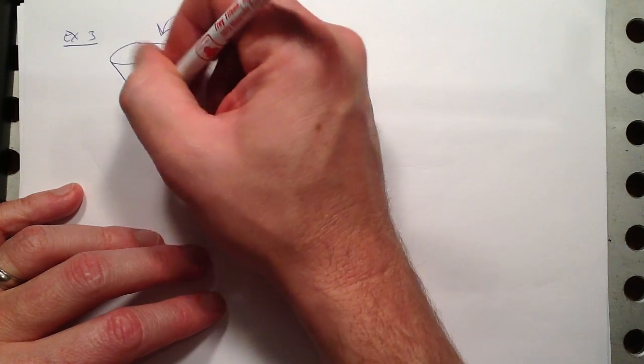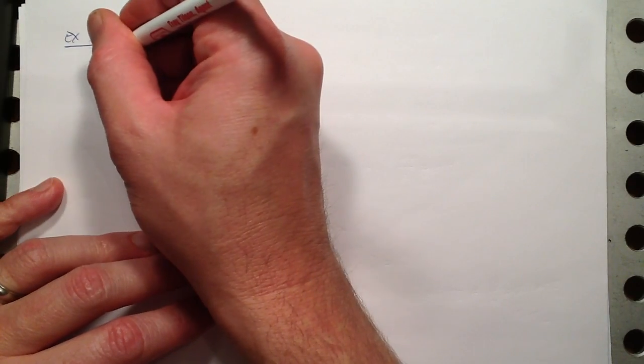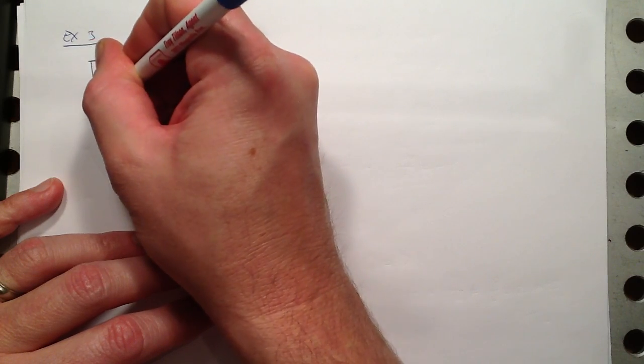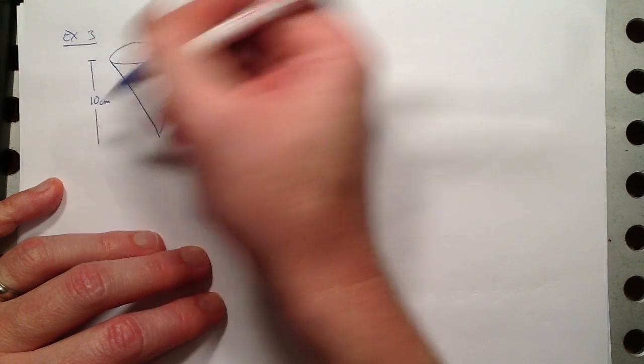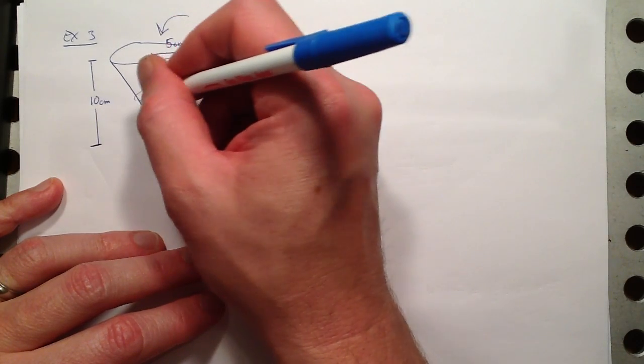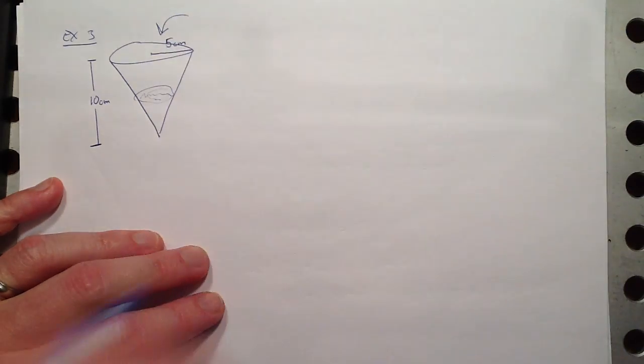It's like one of those little water cooler cups, right? And the height of the cone is 10 centimeters. And there's the water going in, right? So it's something like that.